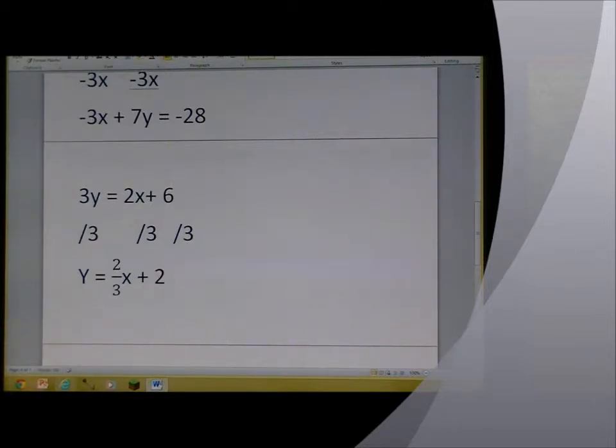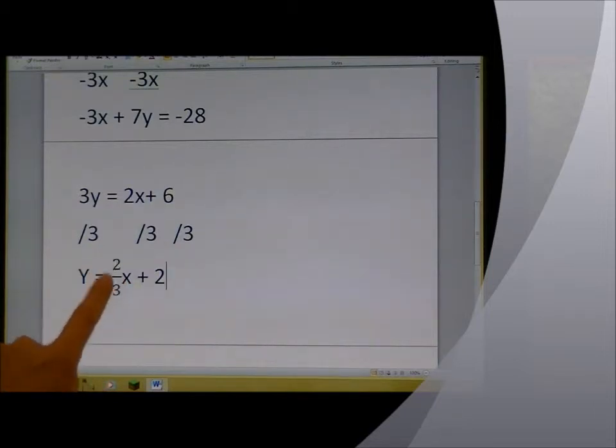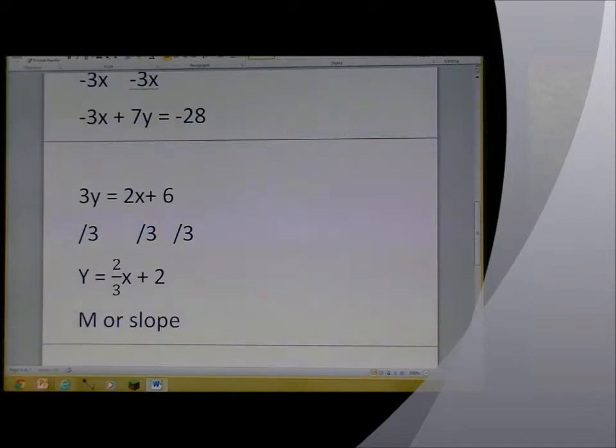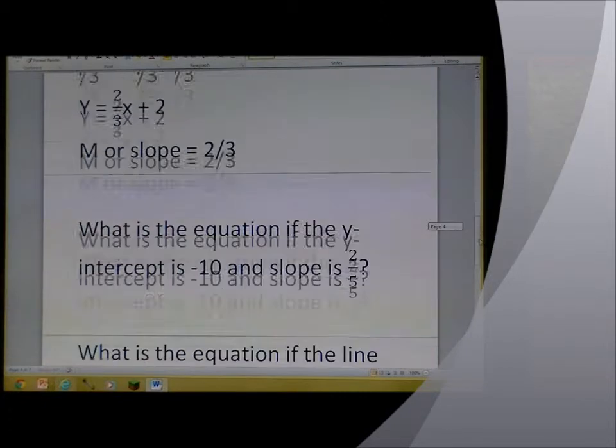Okay, that's in slope-intercept form. So now I know that this term right here represents the mx, the slope times x, so therefore the slope is 2/3. So I could say m, or slope, equals 2/3.